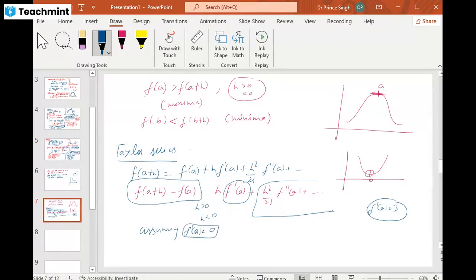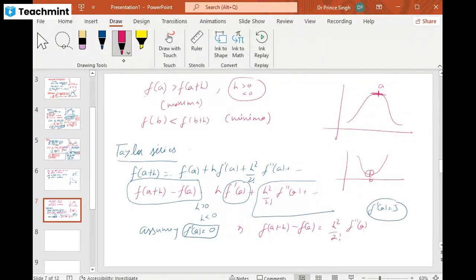Because h is a very small number, we are simply assuming f dash a is equal to 0. So the first condition is that f dash a should be equal to 0. So if f dash a is equal to 0, what are we left with? It means that f of a plus h minus f of a, because h is a very small number, is now equal to h square by 2 factorial f double dash a, right?